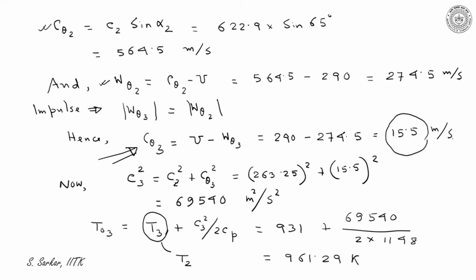Now let me go to the next page. Now using the isentropic relation, I can write T3s, which is static temperature at the exit of the stage, divided by T01 is equal to P3 divided by P01 to the power gamma minus 1 by gamma.